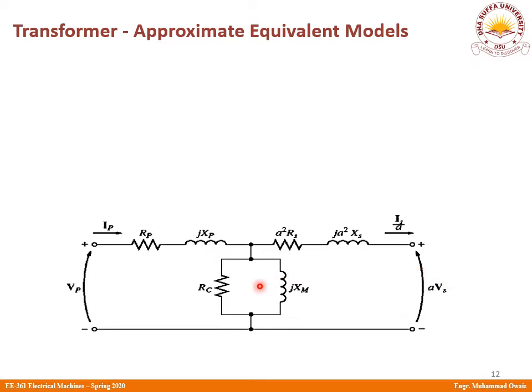Now, if you see this excitation branch, this creates an extra node at this point, which makes the analysis a bit more complicated. Since the current in this excitation branch is very small, and there is hardly any drop across the resistance RP and the reactance XP, we can simply ignore the drop, move this around to the left, and add the resistances together, which means that RP and a square RS get in series with each other, as can be seen here.